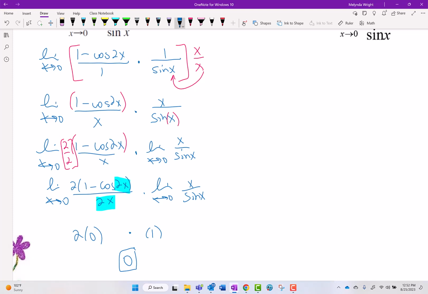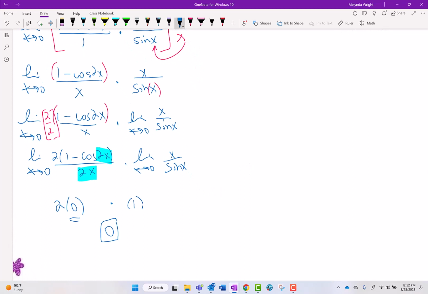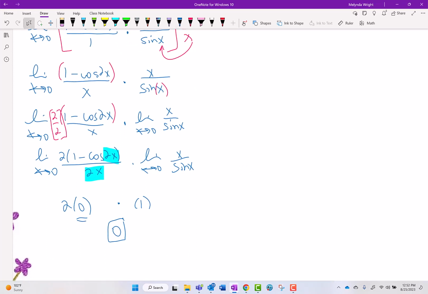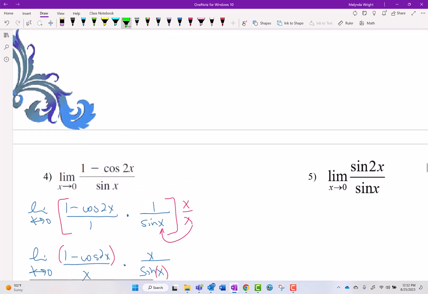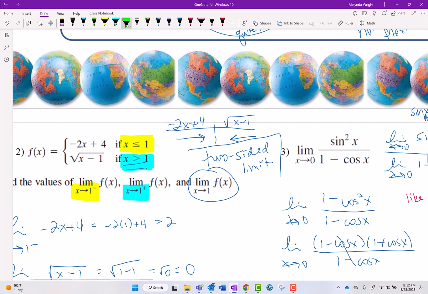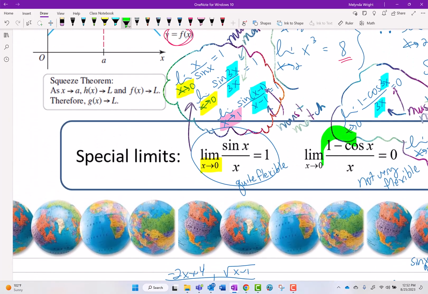How did you get the 0 and the 1? Right here? Yeah. So this piece right here goes to this special limit up here, to this one right here. And that's why it turns to 0. Yes.